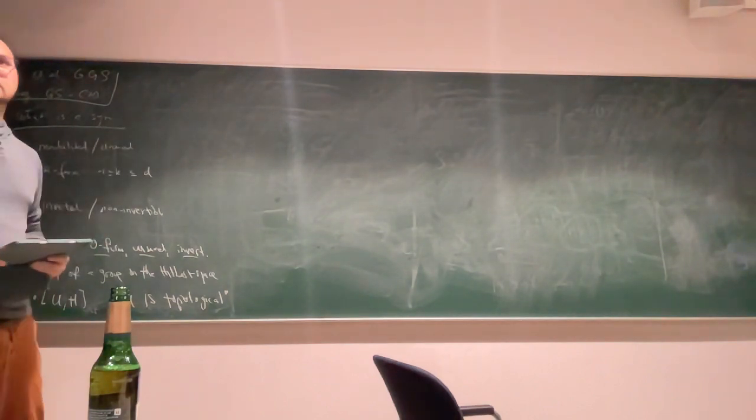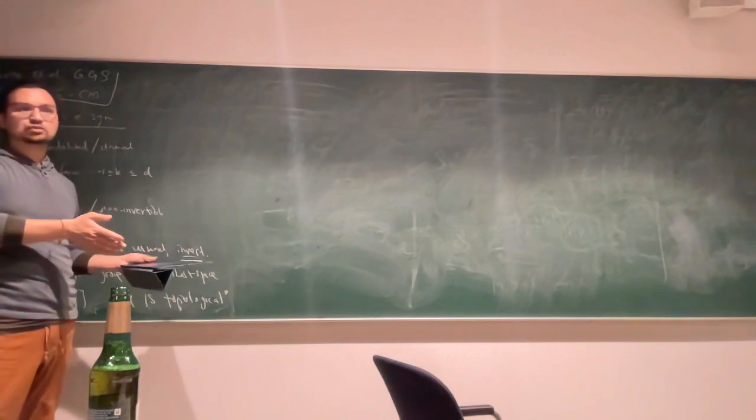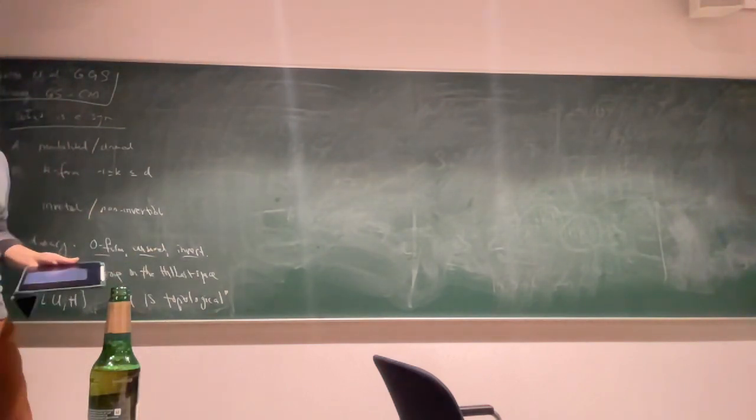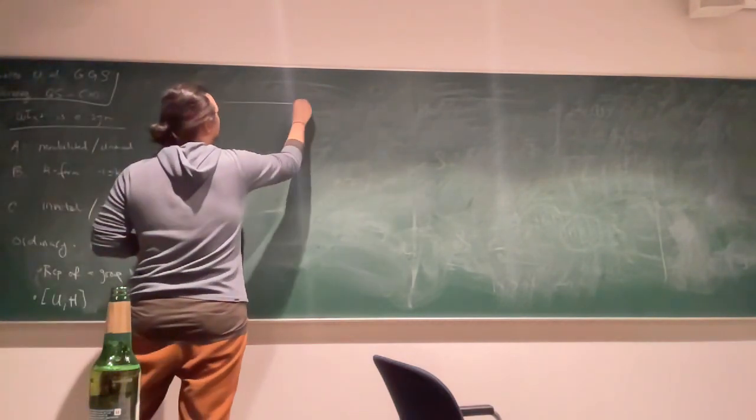I gave some examples last time. So I talked about ordinary symmetries. We can have a transverse field Ising model with a Z2 symmetry, which is spontaneously broken. So I'll just draw the picture.